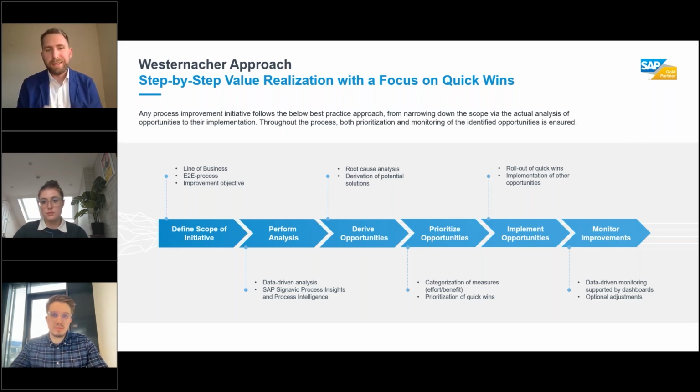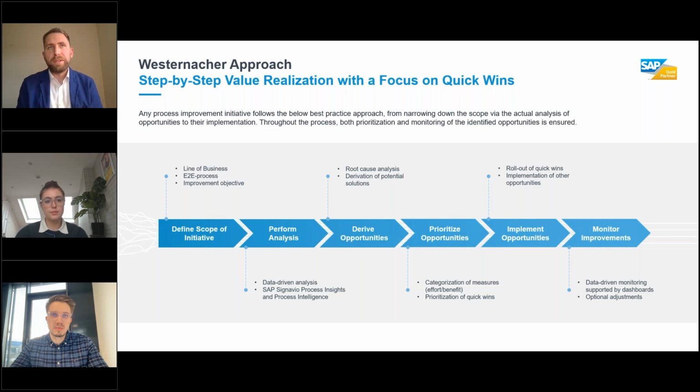And here the keyword is data-driven analysis. So that's really what sets this approach apart from previous guesswork, assumption-based analysis, to having data available in your system that can be visualized and analyzed with those tools.